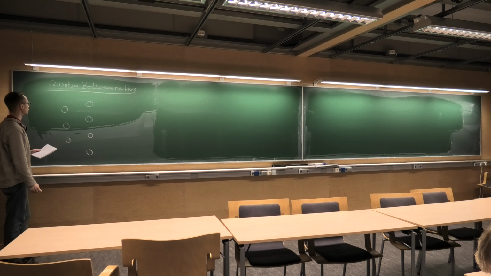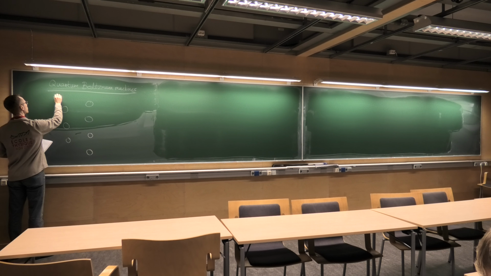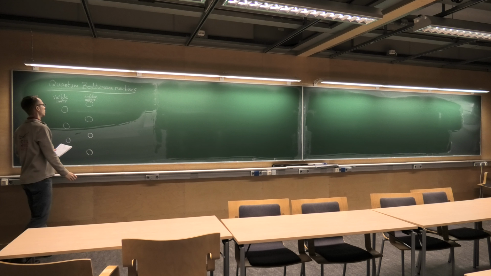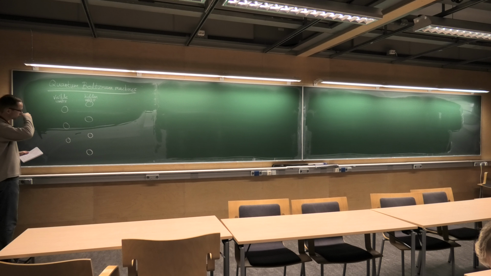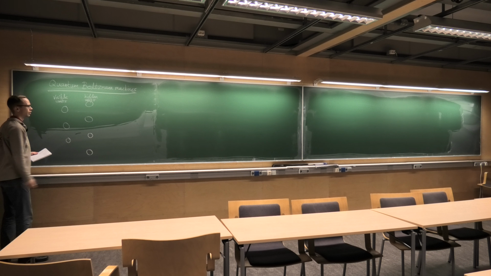Usually, you have some neurons that are called visible. Some are called hidden. So this column is visible, this is hidden in this case.